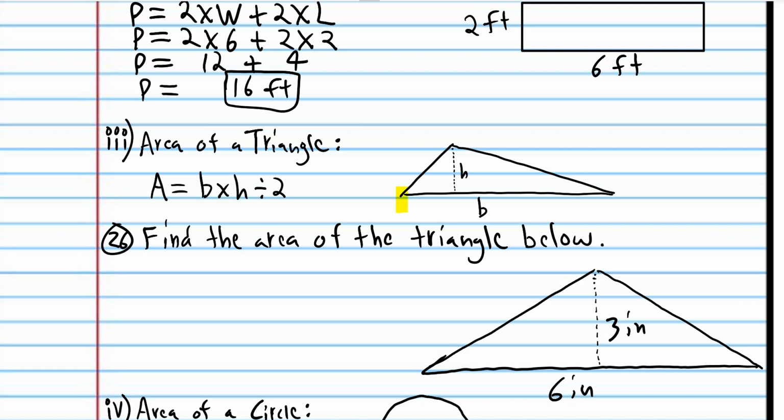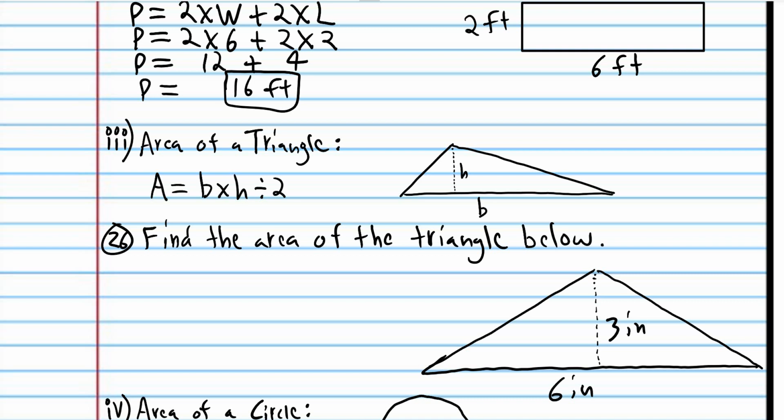So the bottom part of the triangle, well, first of all, you can set a triangle on any side. Whatever side you set the triangle on, that becomes the base. But I'm going to set the triangle on this side, so that's the side we're going to call the base. That's B. And the height is the distance from the base to the very top of the triangle. So that's this length.